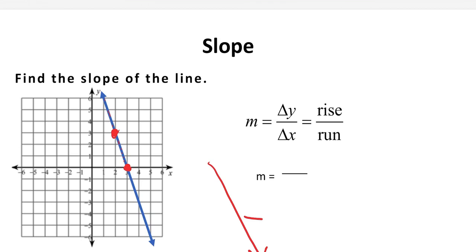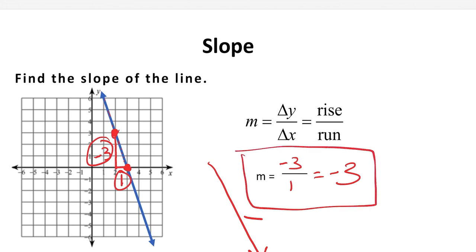Then we count it out. Down 1, 2, 3, -3. Right 1. The -3 goes on top. The 1 goes on bottom of our fraction, and that will simplify to -3. And that's your slope. That's all there is to it.